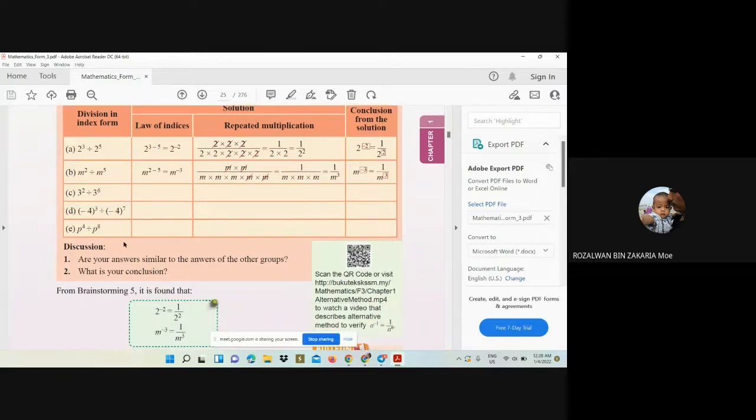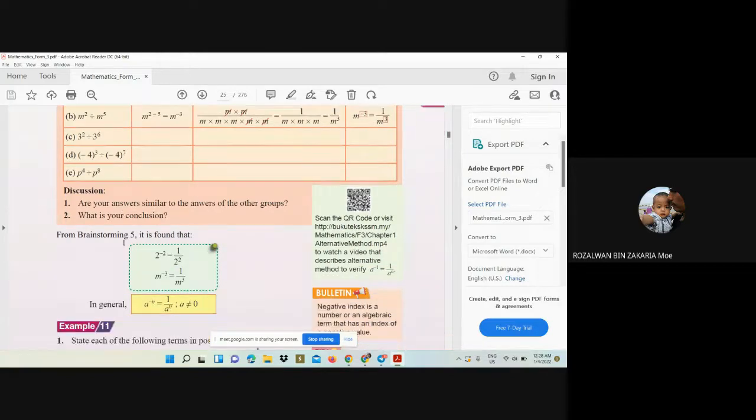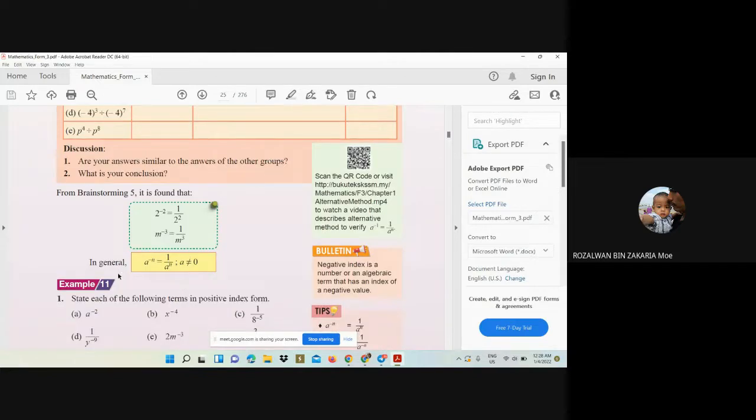Okay, so the conclusion from this one, 2 power of minus 2 equal to 1 over 2 power of 2, and m power of minus 3, it is equal to 1 over m power of 3. So in general, a power of minus n equal to 1 over a power of n, which is a not equal to 0.